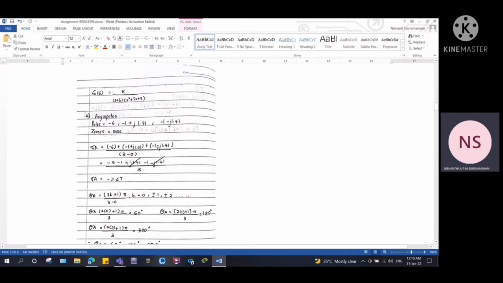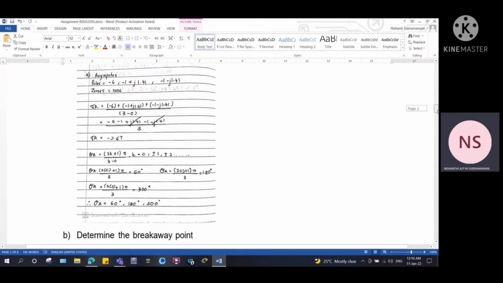So this is the calculation for my asymptote. I get the asymptote value of negative 2.67. I also have three angles, that is 60, 300 and 180. So I will do the graph based on the angle and the asymptote value.